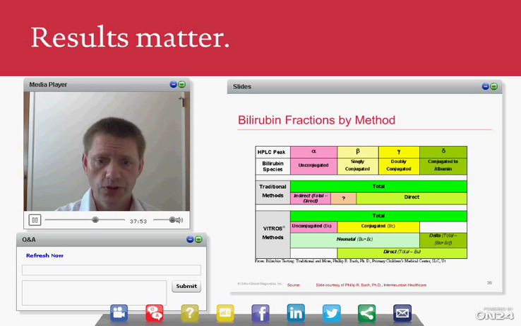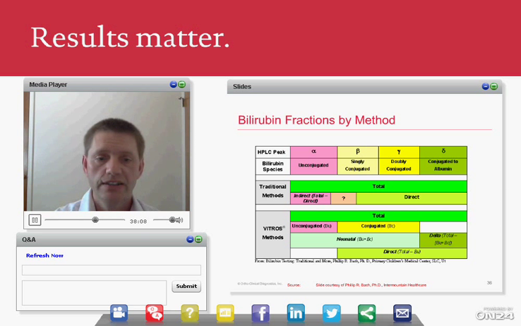Anyways, so those are the different species that can be seen, for instance, on HPLC. If you look at traditional diazo-based methods, the T-bil method will see all of these.